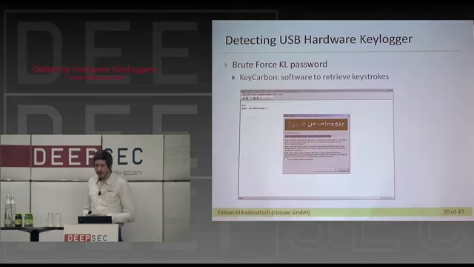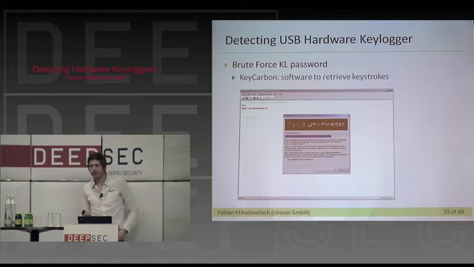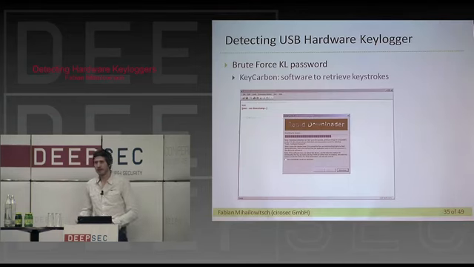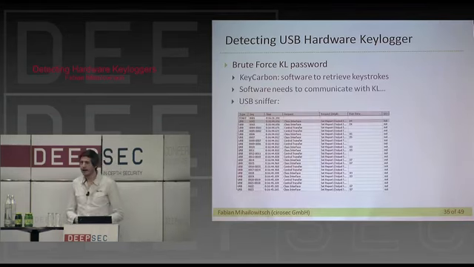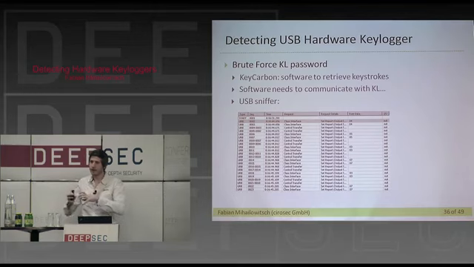So the next thing I stumbled across is for the keylogger Keycarbon, there's actually a software used to read out the keystrokes. And the cool thing is, once there's a software to retrieve the keystrokes, maybe I can use the same technique the software does to get them and thus detect it. So I got a software-based USB protocol analyzer and analyzed how exactly the software communicates with the keylogger.